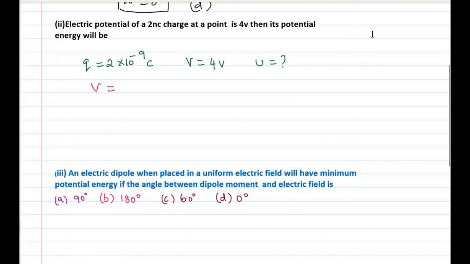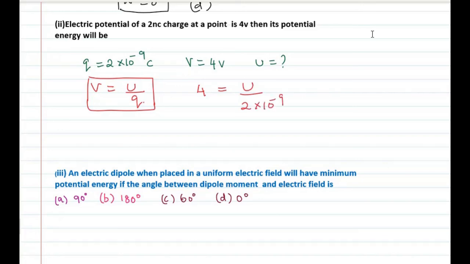We have the relation that potential is potential energy per unit charge. So V is 4, U we have to find out, and Q is 2 into 10 to the power of minus 9. Therefore U = 8 into 10 to the power of minus 9 joules. Okay, this is the answer.